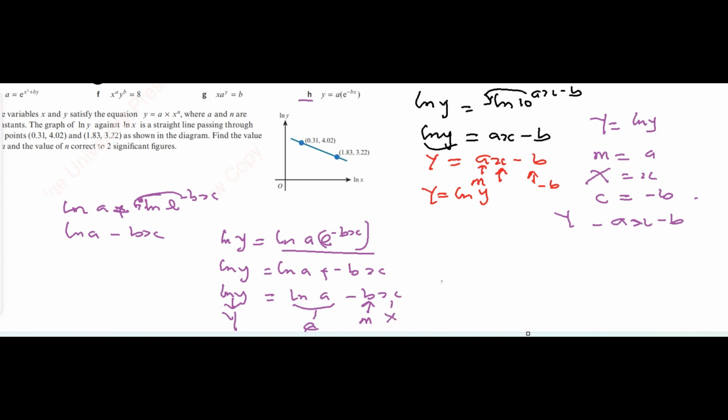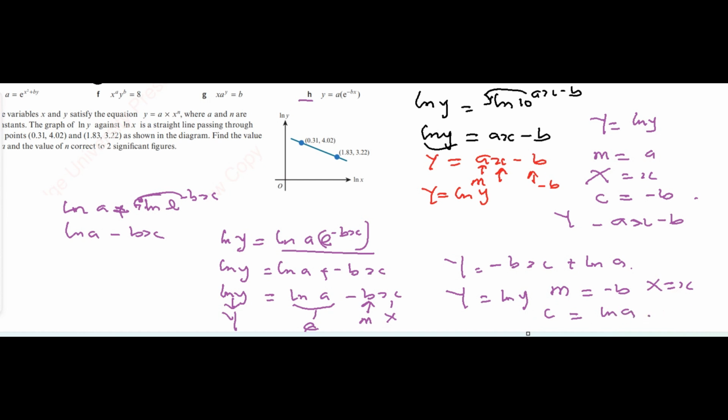So this thing can be written as y equals minus bx plus ln a. So where y is ln y, and my gradient is minus b, my x still remains x, and my c is ln a. That's it. That's how to do that.